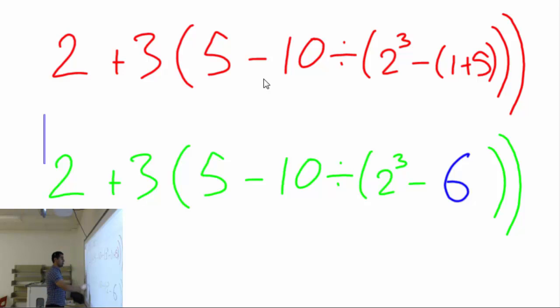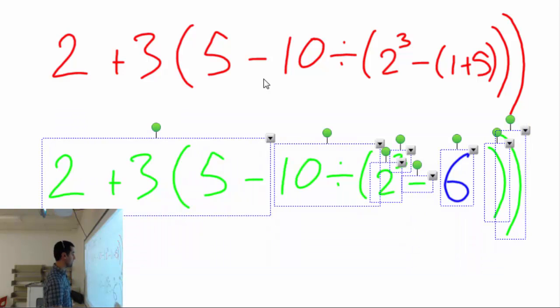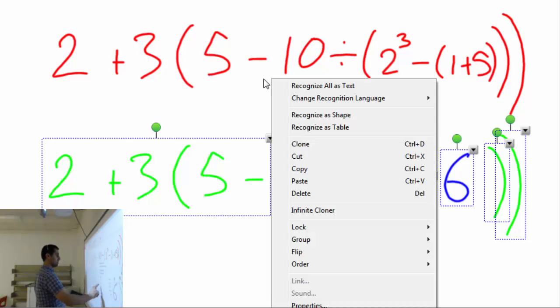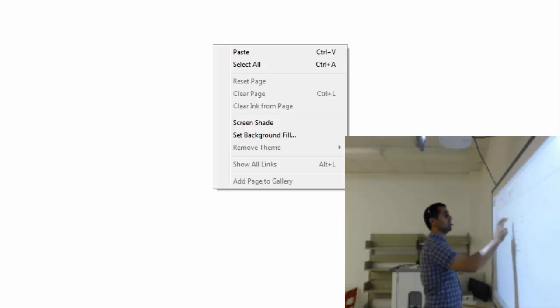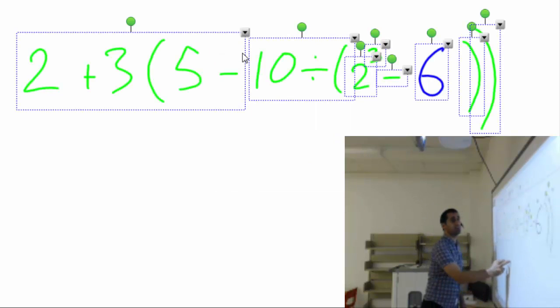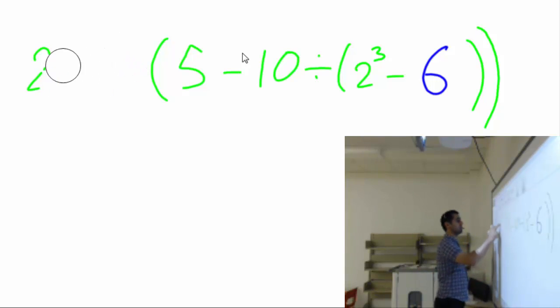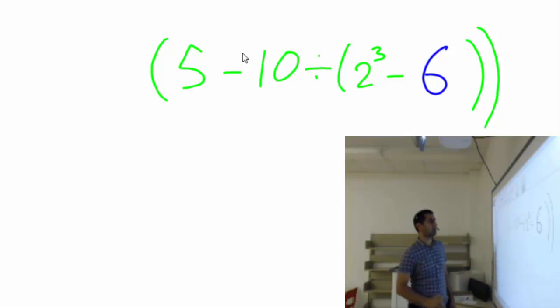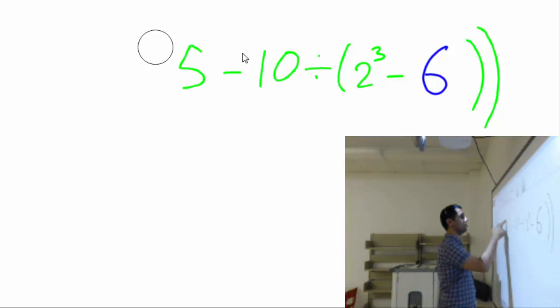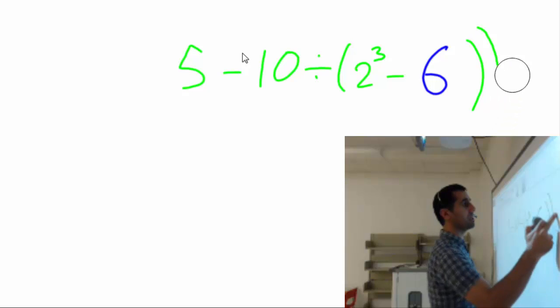Now I'm gonna copy this. Let's open another page. Now I'm going to deal with this question. So I see brackets again. So let's get rid of this. So I'm going to erase one bracket from the left, one bracket from the right.